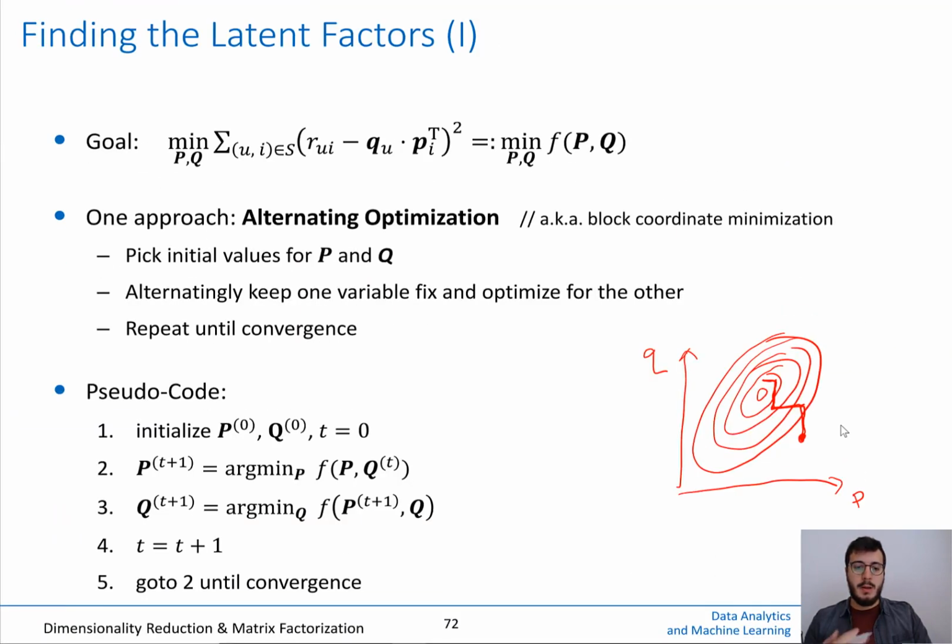Again, keep in mind the big picture. We started with an objective where we were optimizing over both P and Q. Then we said we're going to do alternating optimization steps where we only optimize over P and only optimize over Q. And now we saw that solving this problem equals solving many small linear regression problems.